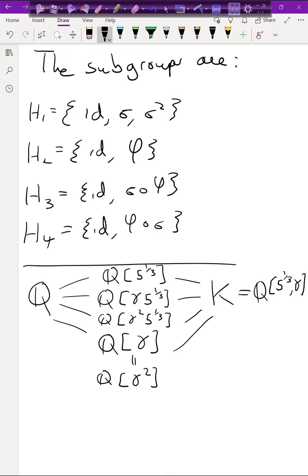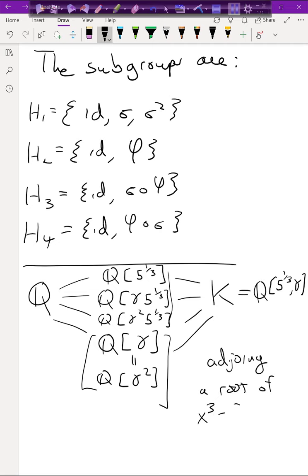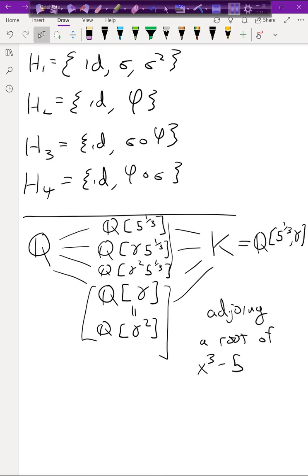One of these is not like the other. That's this one right here. Because in each one of these other groups, all we're doing is adjoining, so these three are adjoining a root of x cubed minus 5. This one's not. That's different. Okay?